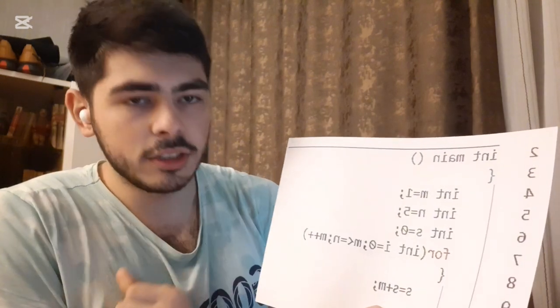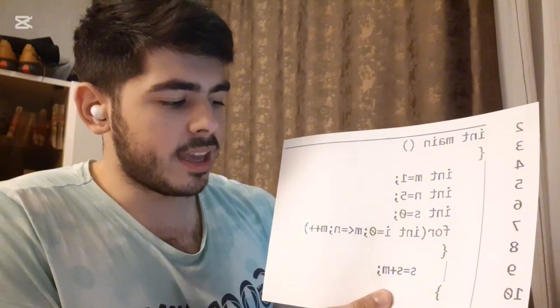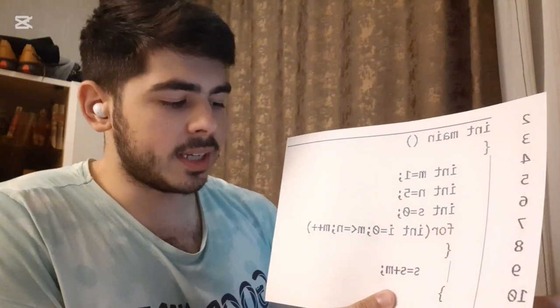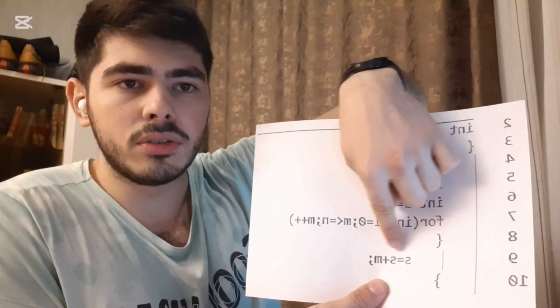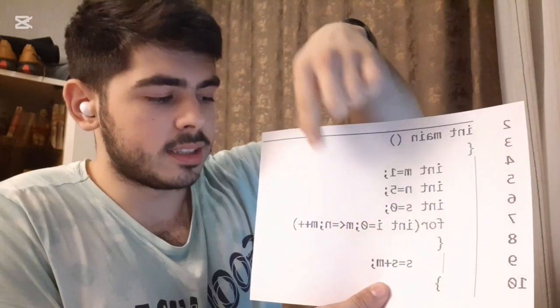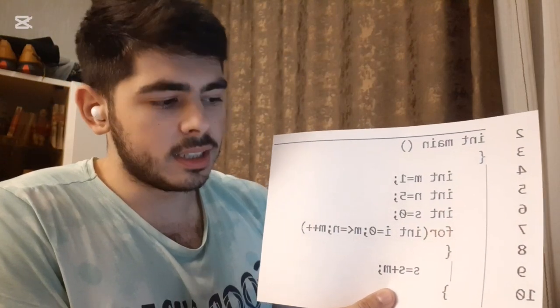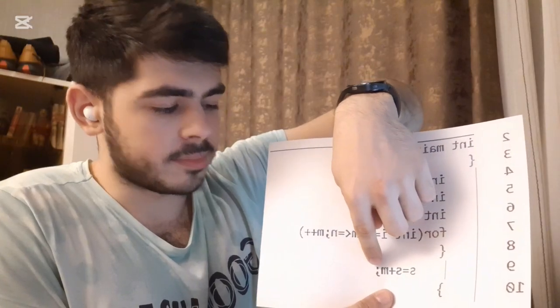In this situation, we first of all need to compare m and n, and only after comparing, we need to execute the command. We need to add to the summation the summation itself plus the m number.